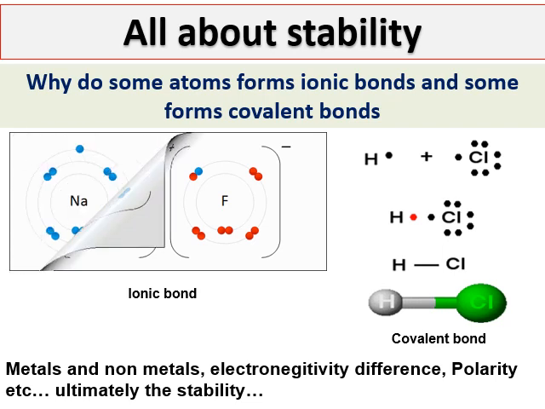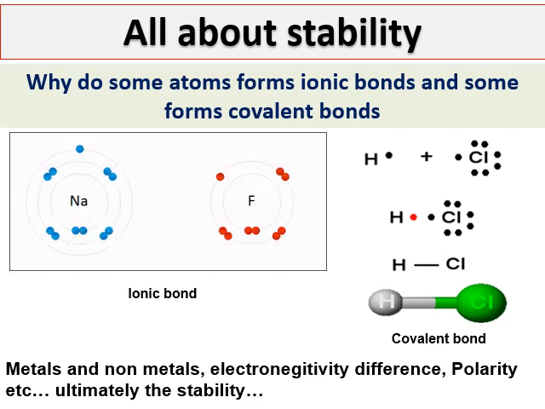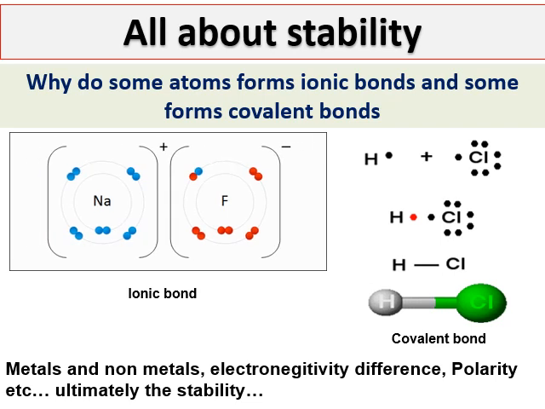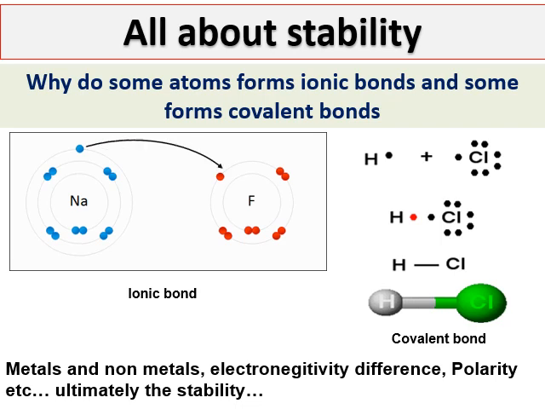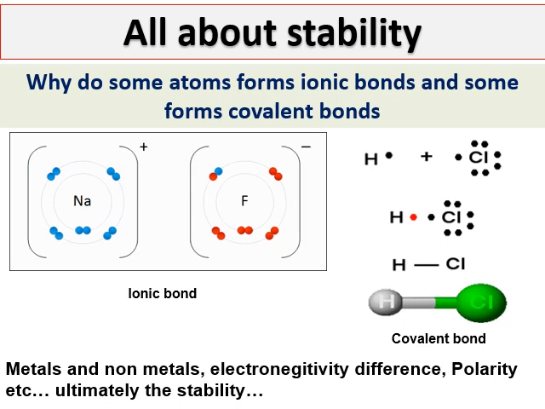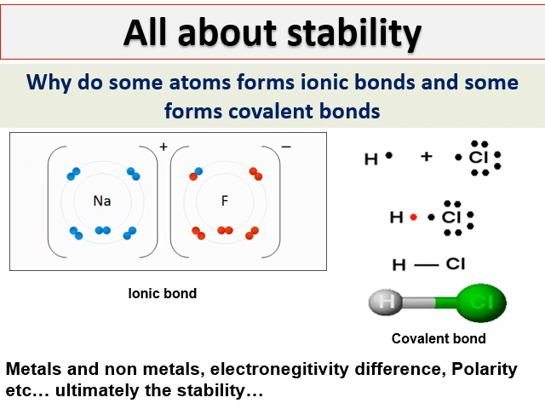Hence sodium and fluorine come closer. Sodium loses an electron. That electron is accepted by fluorine and makes a bond between sodium and fluorine. The bond resulting from the transfer of an electron is called an ionic bond. So this is how the sodium fluoride bond is forming by transferring electrons.